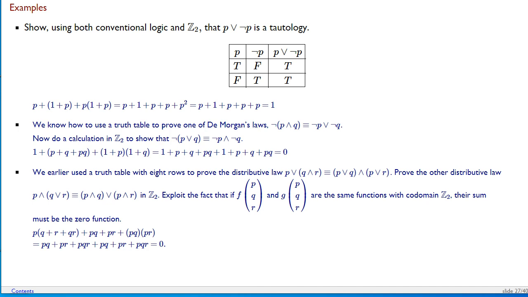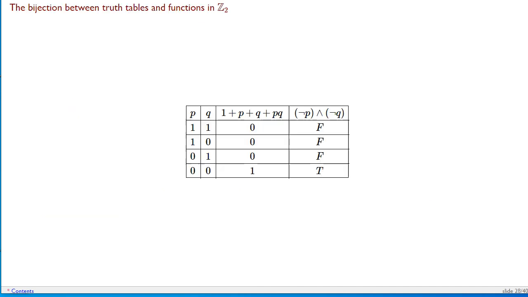Add on to that P and Q, which is PQ, and PR, which is P and R, and then since we're taking the OR of these, we have to multiply them together. But of course, when we multiply PQ by PR, we can replace the P squared by P, and when you multiply everything out, you discover the terms cancel out in pairs. We get 0, which completes the proof.